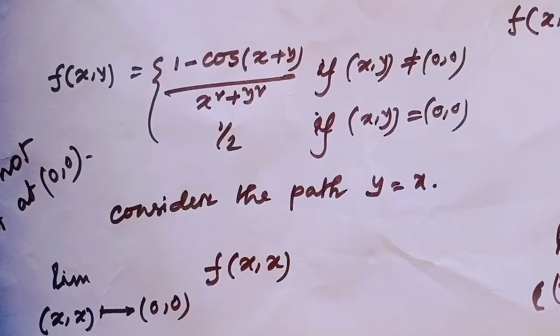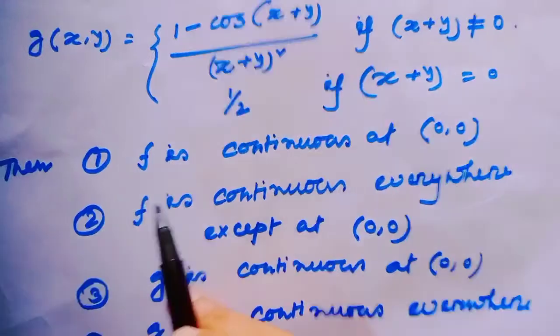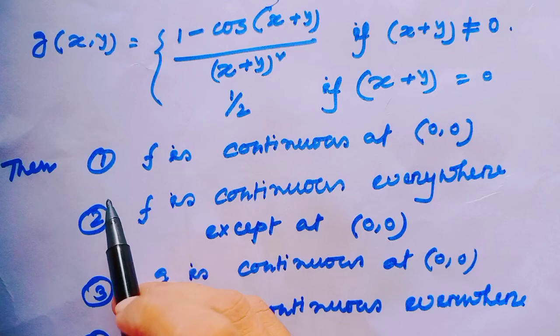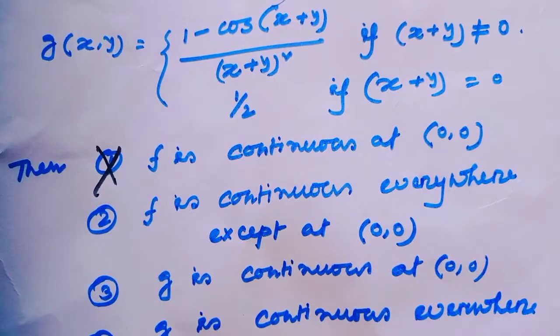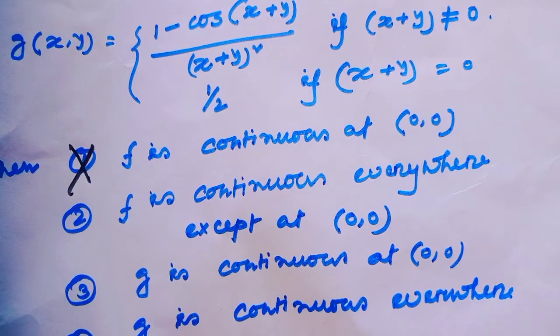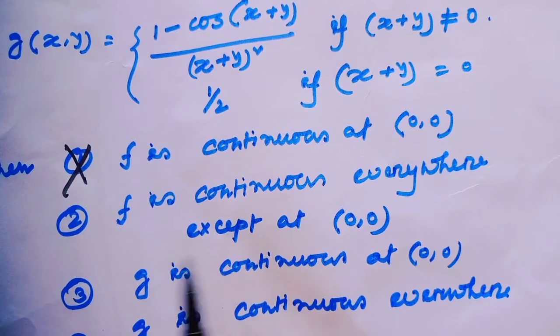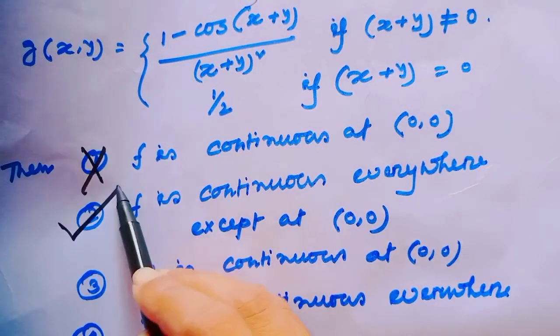Are you getting? Because here the value is different. So our first option, f is continuous at the point (0,0), is a wrong option. But the second option is the right option, because it is given f is continuous everywhere except at (0,0).